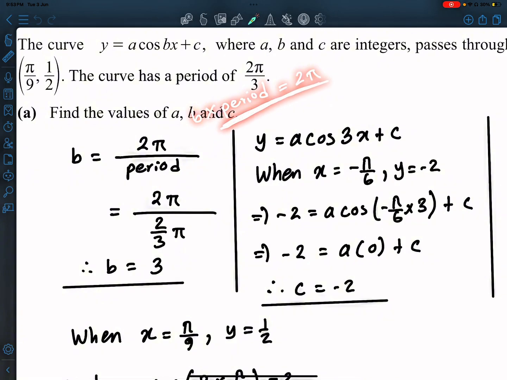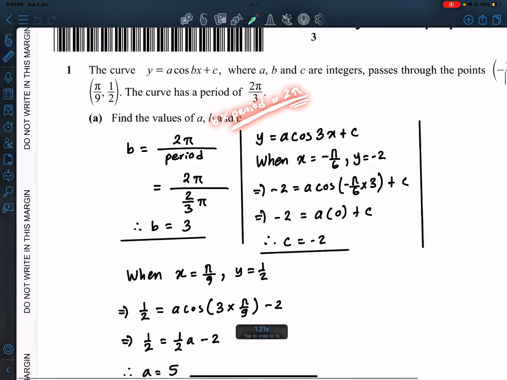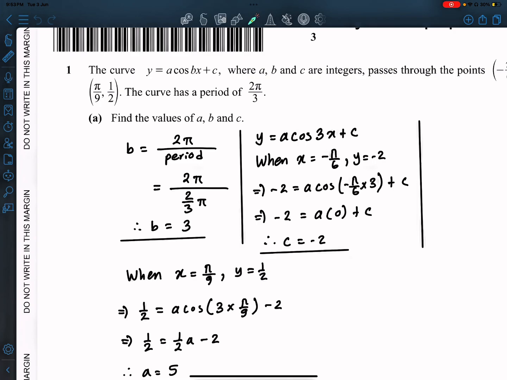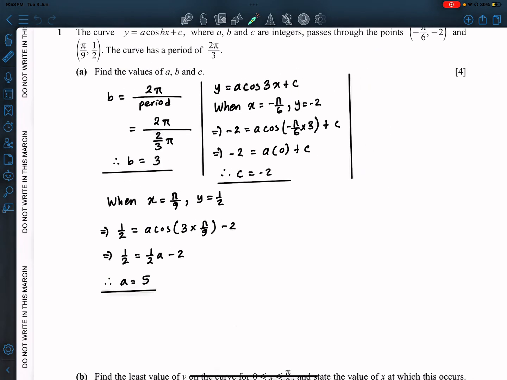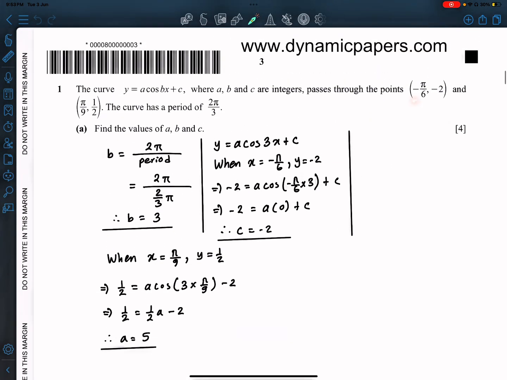The coefficient of x and the period multiplied together always gives you 2 pi. So we can subject b and plug in the period, and once simplified, we find that b is equal to 3. Then we take one of the points that is given, minus pi by 6 and minus 2.